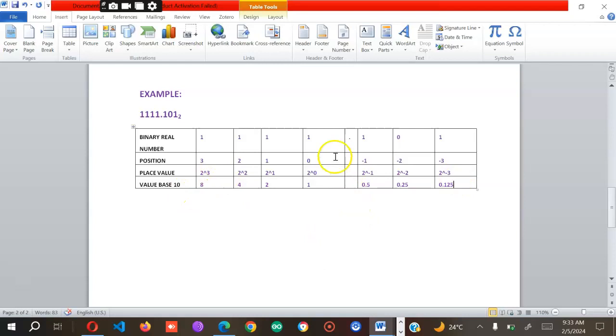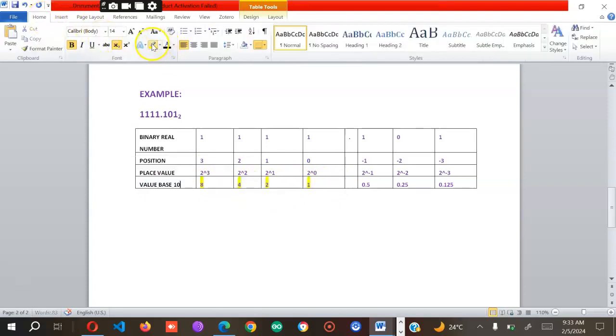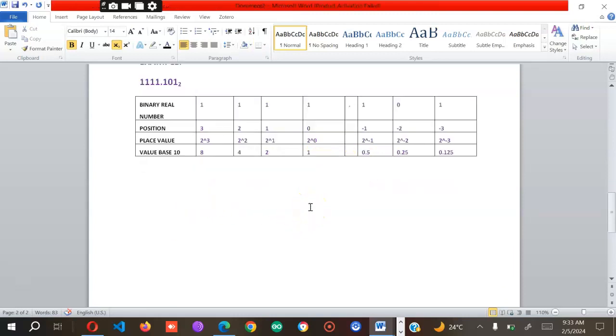So we have the two sections: this is the integral part, and the other part is the fractional part. Having done that, the next step is to expand.